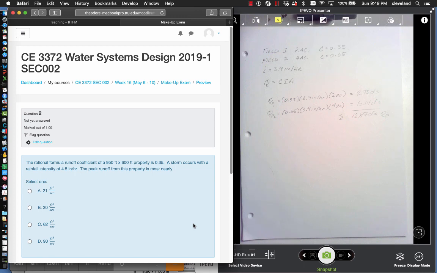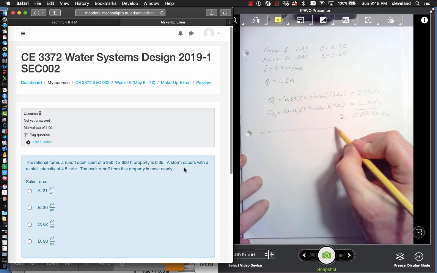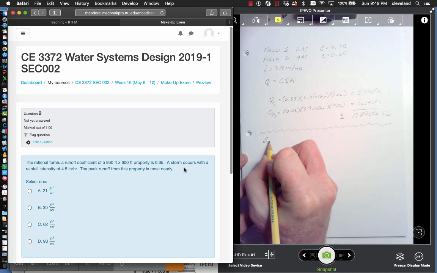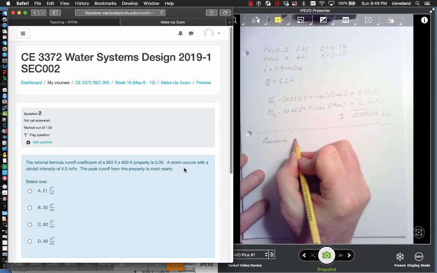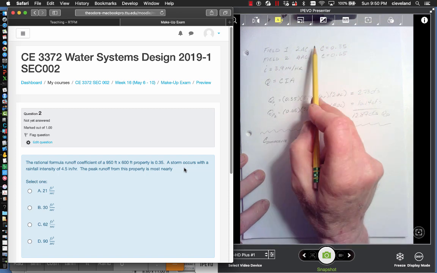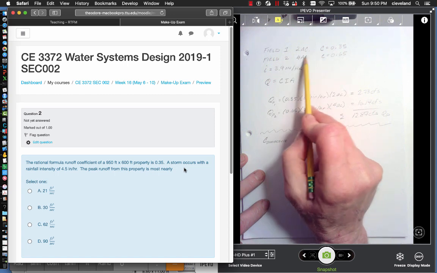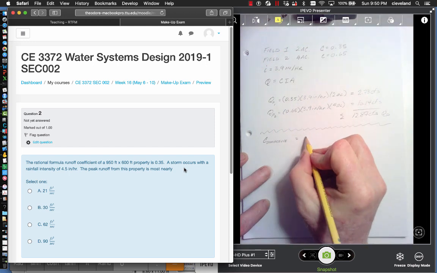An alternative way to work this very problem, just while we're here, is to use a composite runoff coefficient, which is equal to the CA value of field 1 plus the CA value of field 2, divided by the total area.